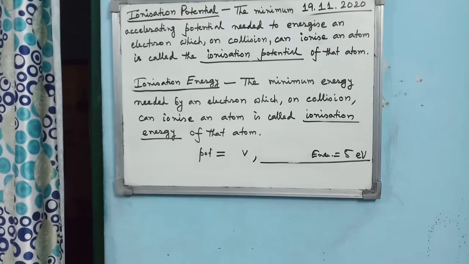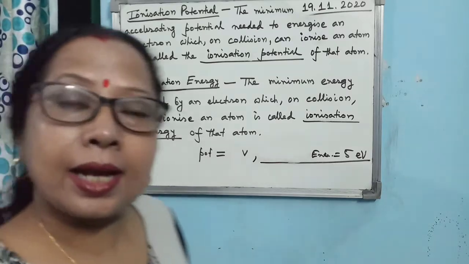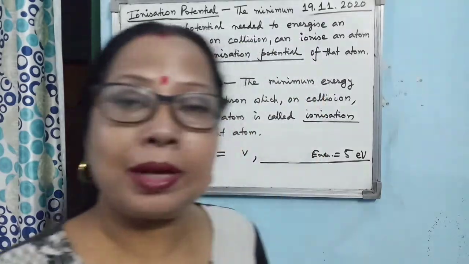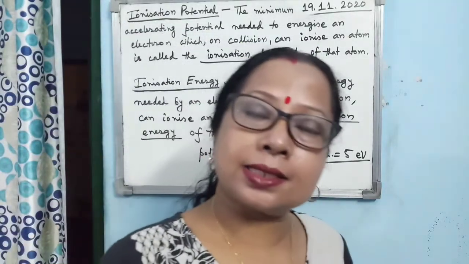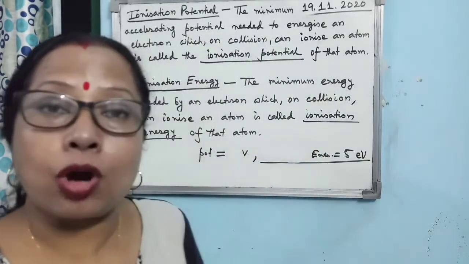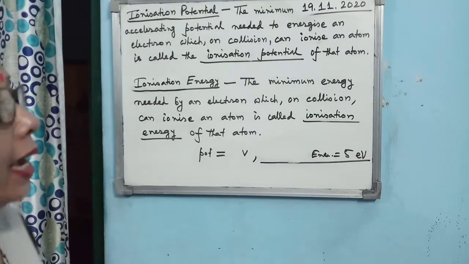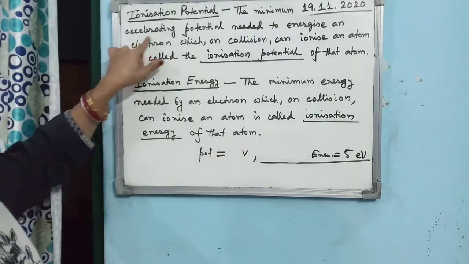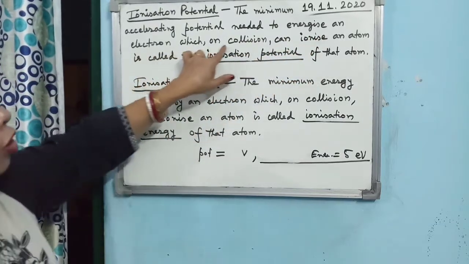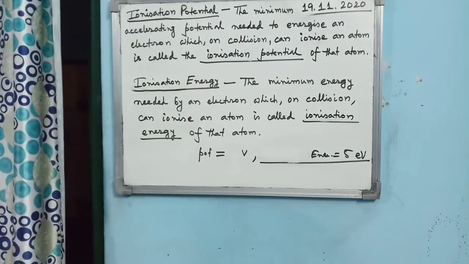So how can you define ionization potential and ionization energy? The ionization potential is the minimum potential through which an electron should be accelerated so that on collision with an atom it can ionize the atom. You can write: the minimum accelerating potential needed to energize an electron which on collision can ionize an atom is called the ionization potential.